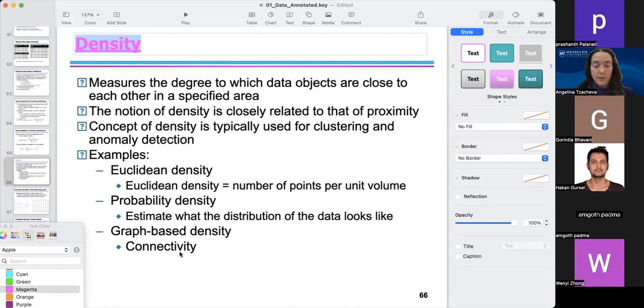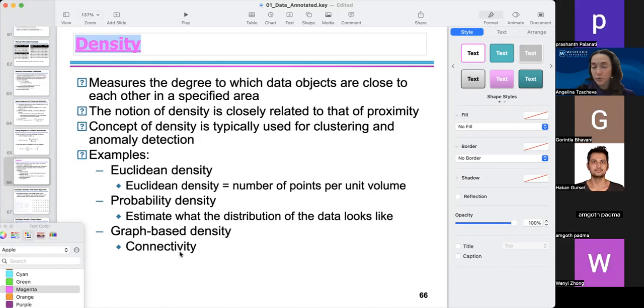For example, if the value is 2, then the x-coordinate will be 2 for this object, and if the value is 3 for the other attribute, then the y-coordinate will be 3, and that's how we plot the object in space.